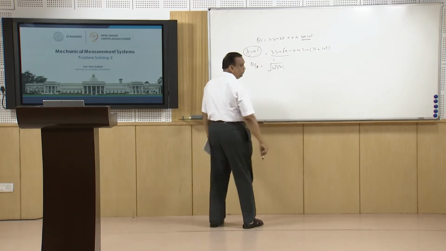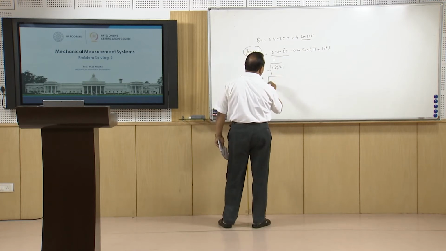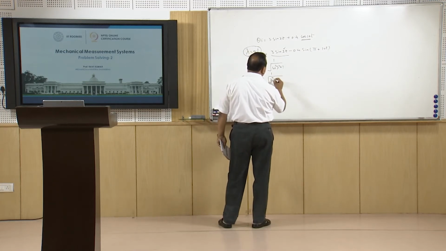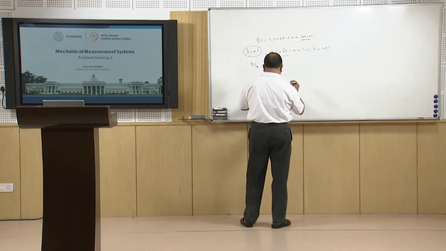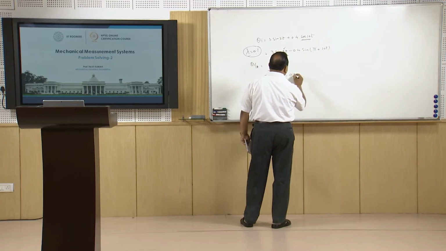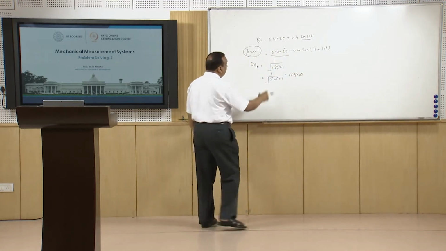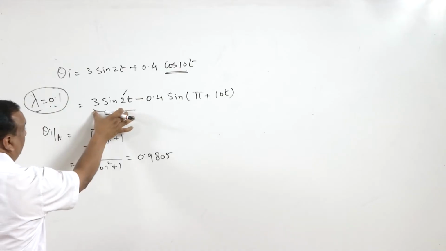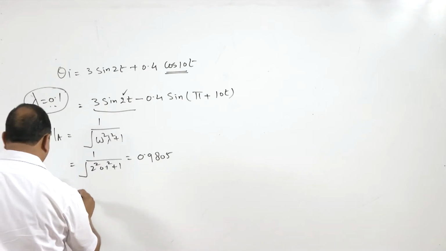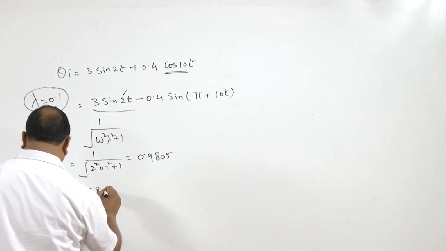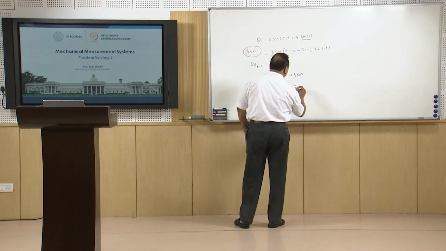Lambda is 0.1, right? So the amplitude ratio is going to be 1 by under root of 2 square into 0.1 square plus 1, and that is going to be equal to 0.9805. It means the response of the system for this input, the amplitude is going to be 0.9805 into the amplitude here, which is 3, so it is going to be 2.94.